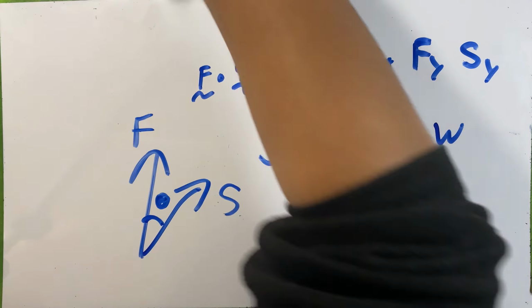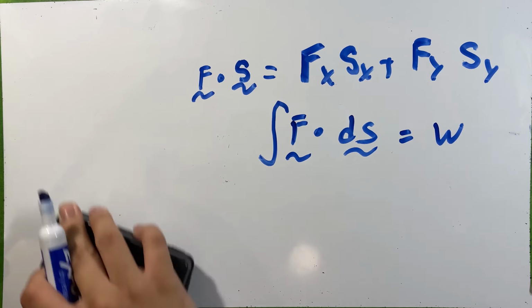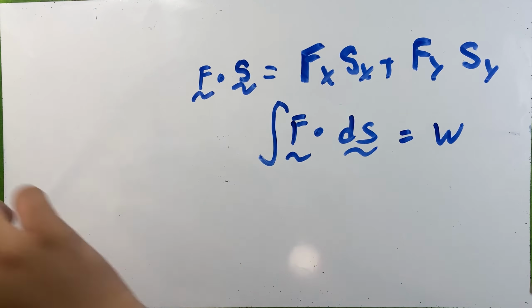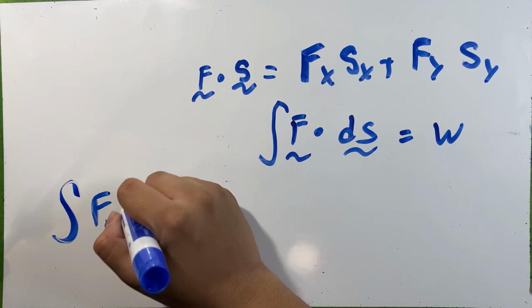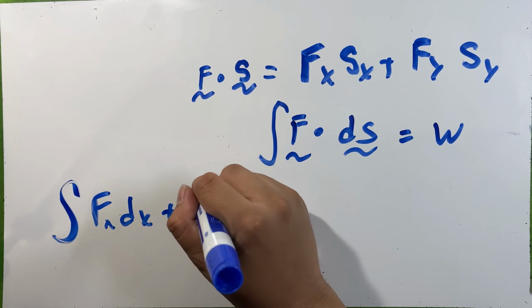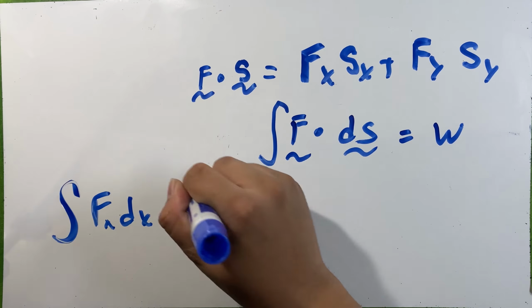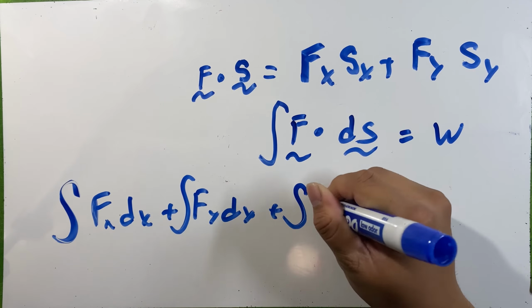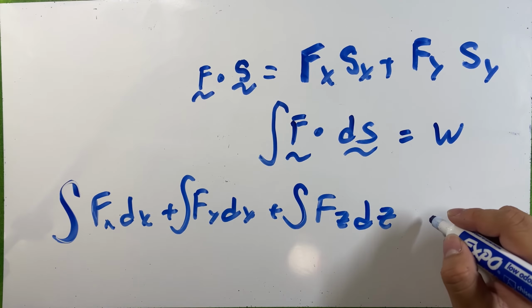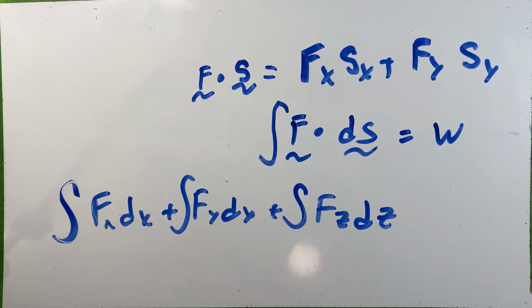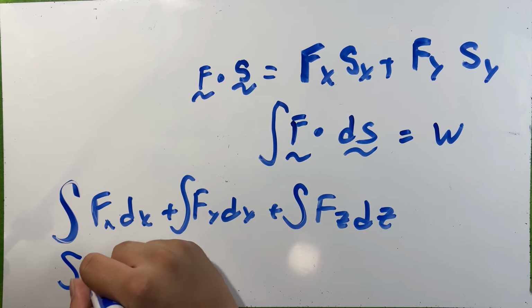So what do we do? Well, let's do something cheeky. Let's just break this up into each direction. So we'll have the integral of Fx dx plus the integral of Fy dy plus the integral of Fz dz. Well, then what we can do is just substitute everything in here.